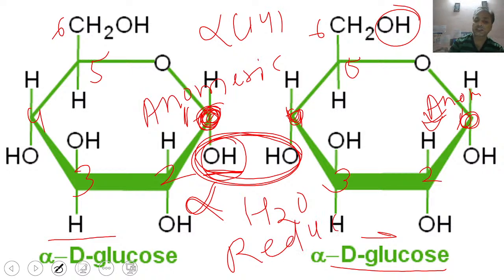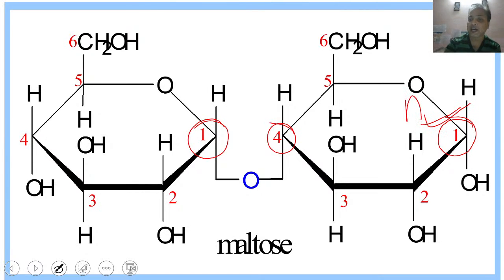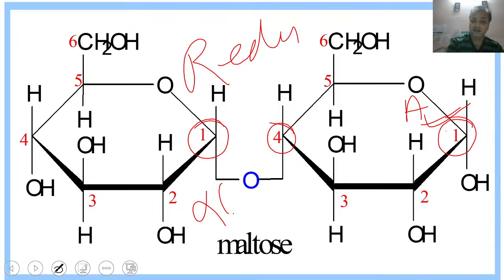So maltose is a reducing sugar, which you can see here. The bond is formed between carbon number 1 and carbon number 4. One anomeric carbon is still free. This is the anomeric carbon and it is free. So this maltose is a reducing sugar and the bond is an alpha 1,4 glycosidic bond.